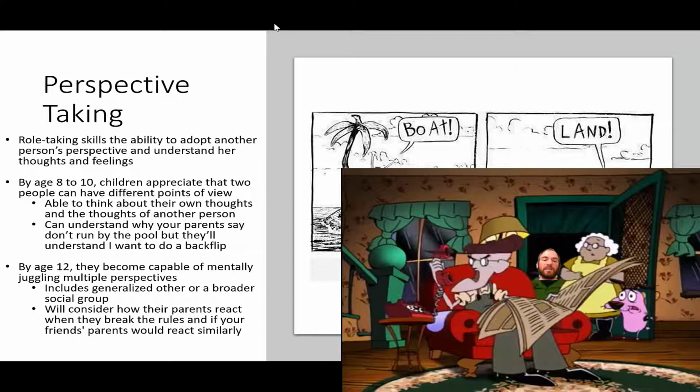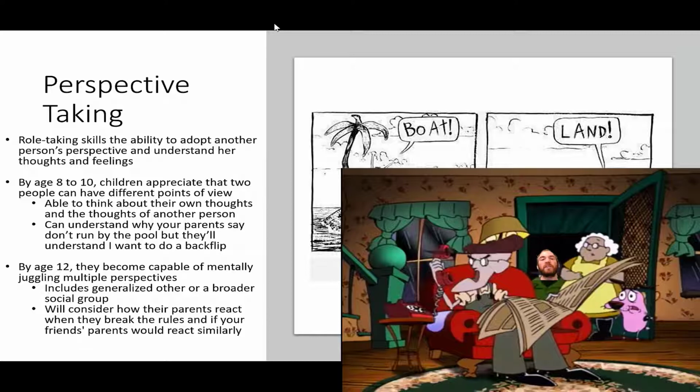So the idea here is straightforward perspective taking, and one important aspect of perspective taking is role taking skills, wherein children are able to appreciate and recognize that people can have two different points of view. They are able to think about their own thoughts and another person's thoughts, so they can be told to do something, but at the same time recognize that they are still able to choose to do something else.